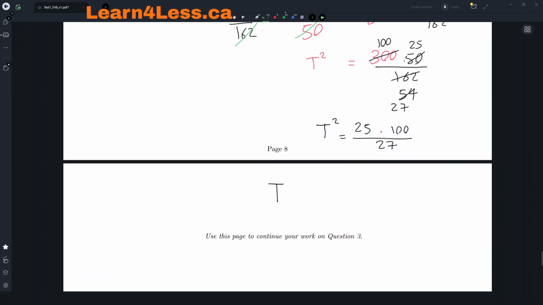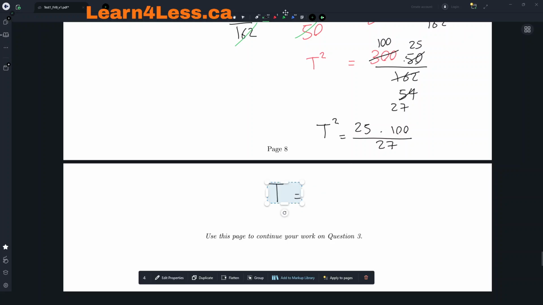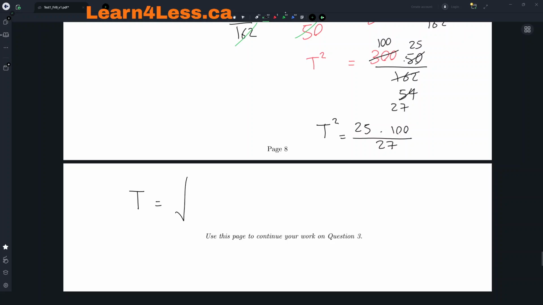So what is the time? Time is the square root of that. Square root of 25 times 100 over 27, where the square root of 25 is 5, the square root of 100 is 10, the square root of 27 we can just leave as is, or we can write it as 3 square root of 3, which is kind of the same thing, doesn't really matter.